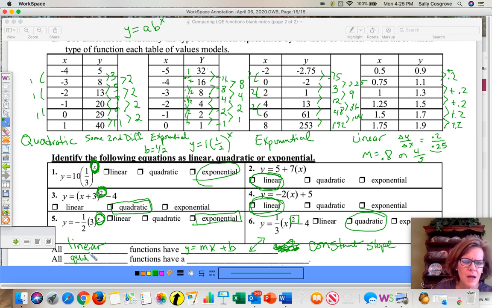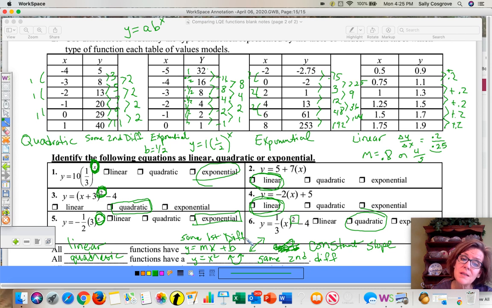All quadratic functions have a what? They're squared. The exponent is squared. Y equals x squared. It looks like a parabola, yes? And the table has the same second differences. Linear functions have what? Same first differences. I should have written that down.